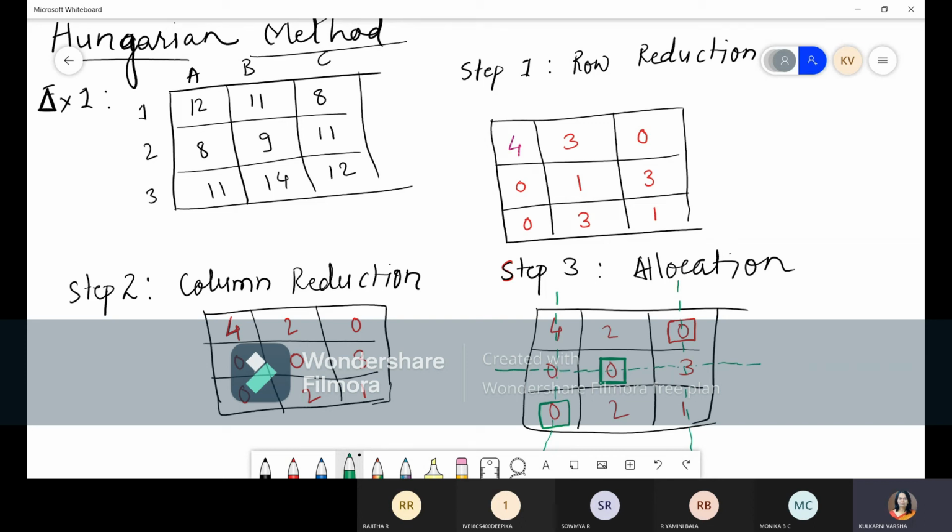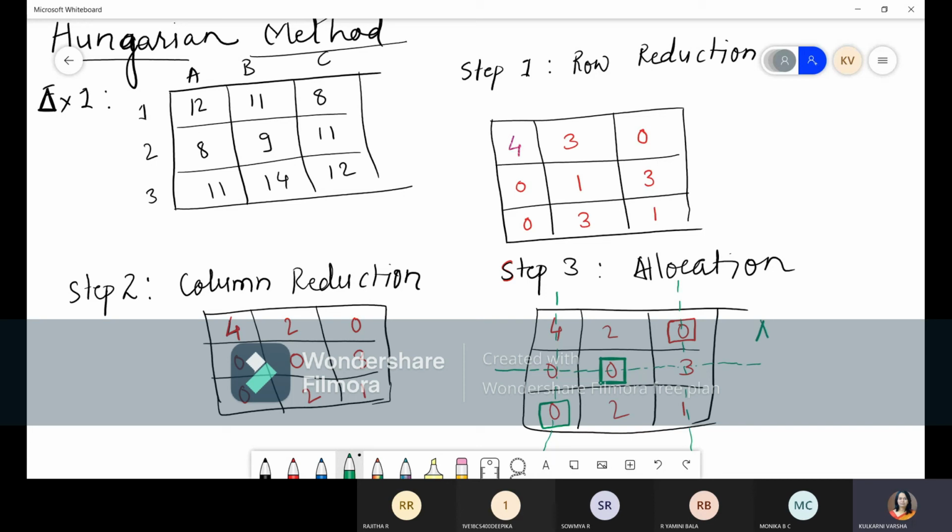Again, if we go row-wise, there is no 0 here, no 0 here, no 0 here. Again, if we check columns, not possible, this is cancelled. So now we cannot do anything further. So it is over.